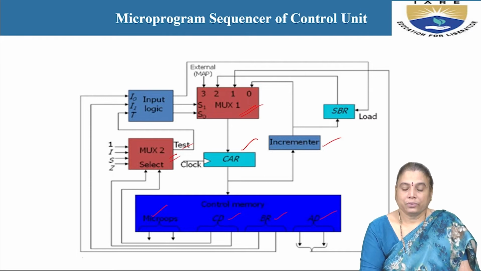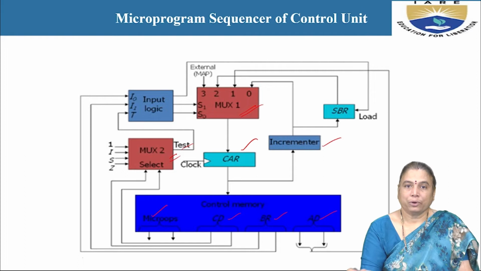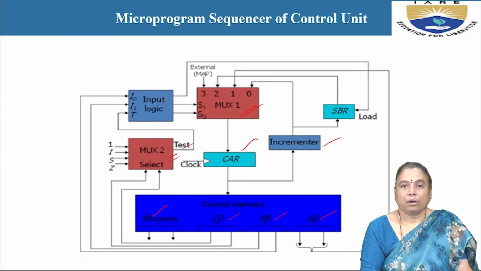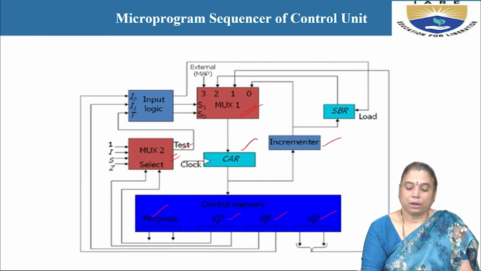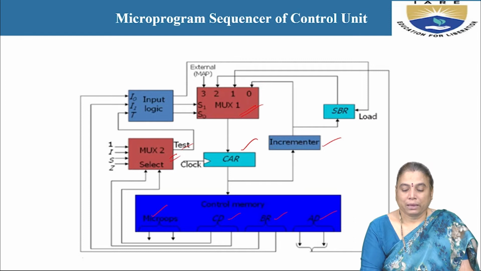This instruction register address can be mapped to the CAR address with the mapping logic. Here the opcode of the instruction can be copied directly, and this opcode is preceded with 2 zeros and followed by 1 zero in order to map to the control address register. The address mapping can be done with mux1.